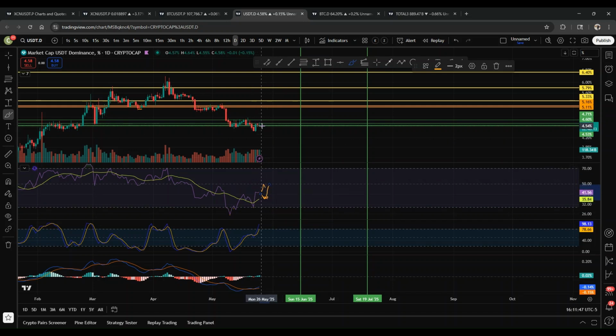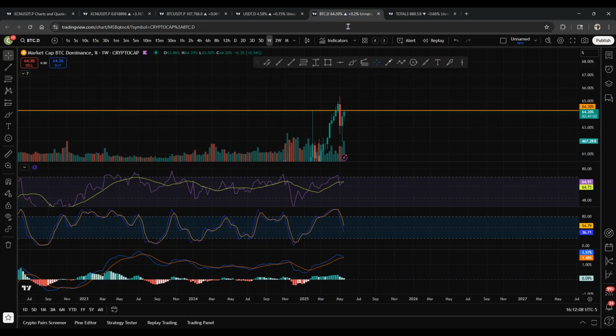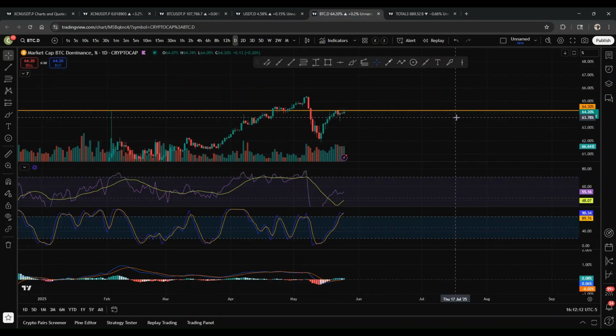And if that happens, the USDT dominance is most likely going to be coming to this region around 4.27, and that will be very good for the alts and Bitcoin dominance. So that means if this scenario plays out and our Bitcoin dominance is gonna go down, that means our alt season is going to be triggered.